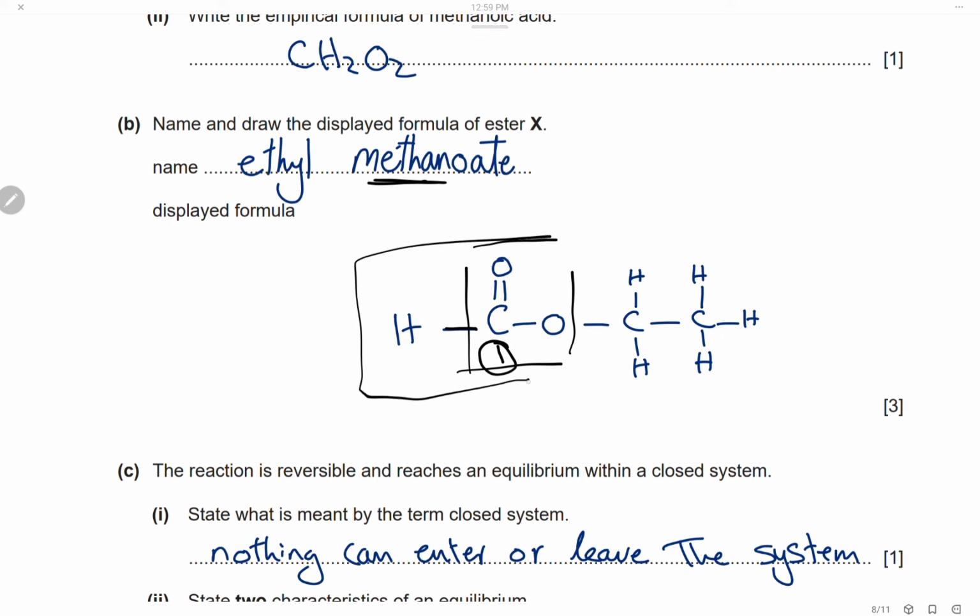This is the methanoic acid part. For the ethyl, we draw the ethyl group, which is CH2CH3. So this is the formula of ethyl methanoate.